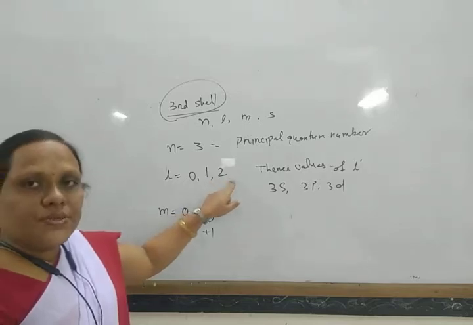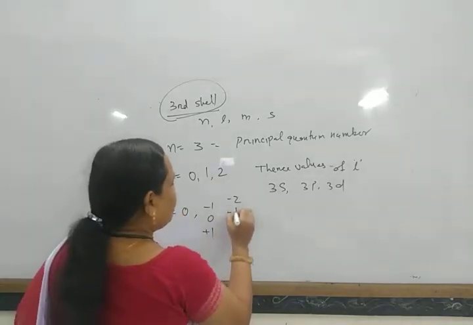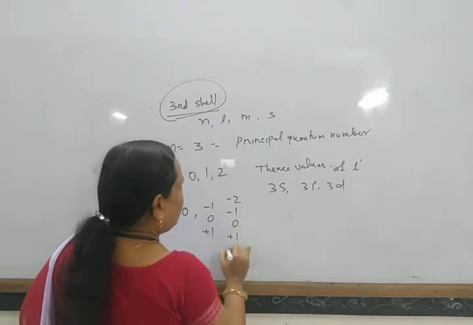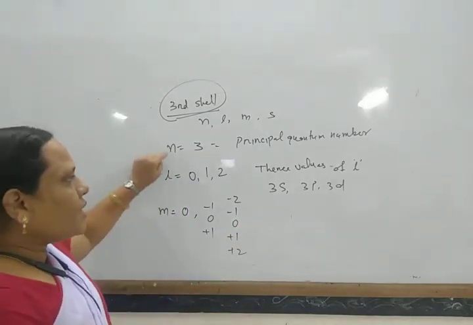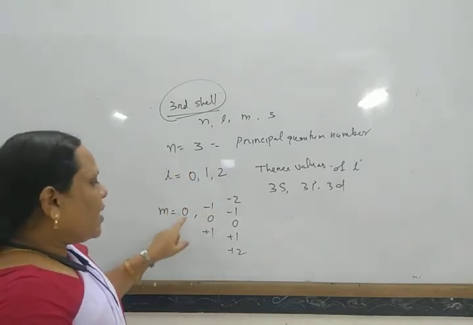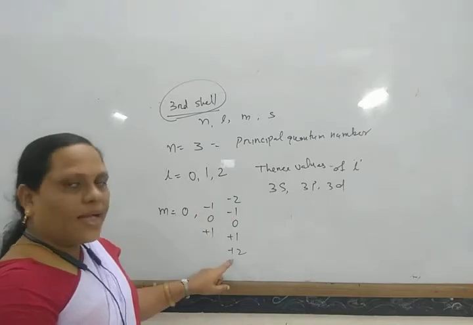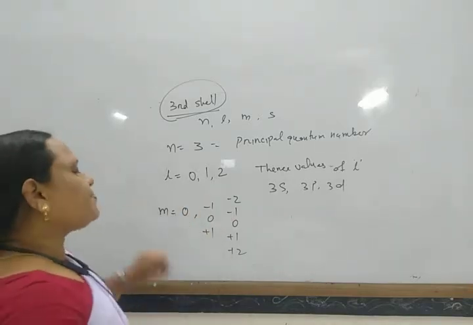When l equals 2, how many values of m? 5 values: -2, -1, 0, +1, +2. In this way, when n equals 3, there are 1, 3 and 5, all total 9, that is n square number of m values.